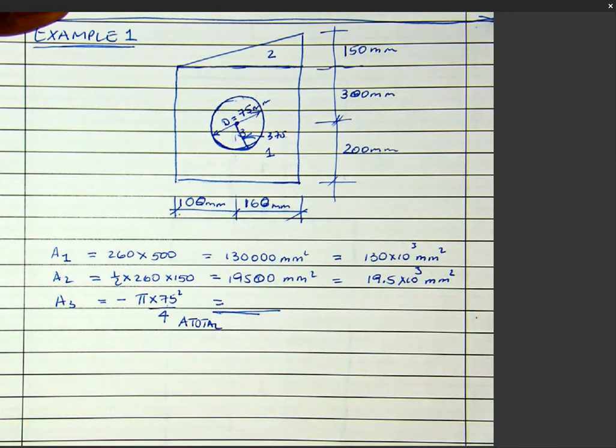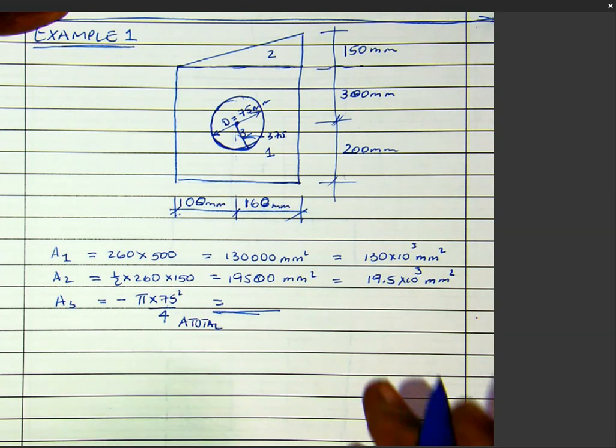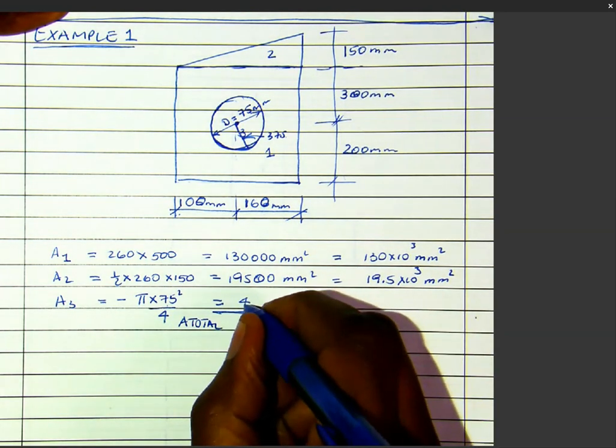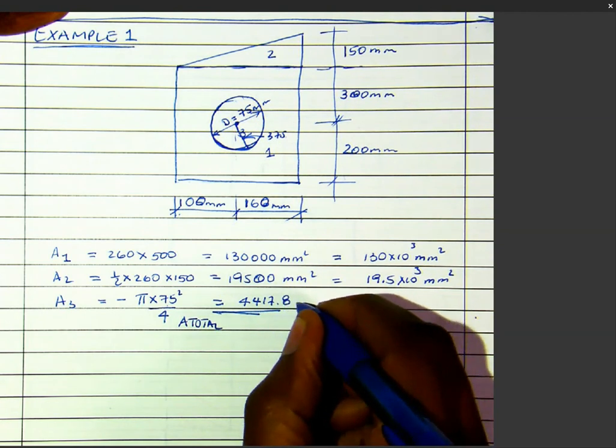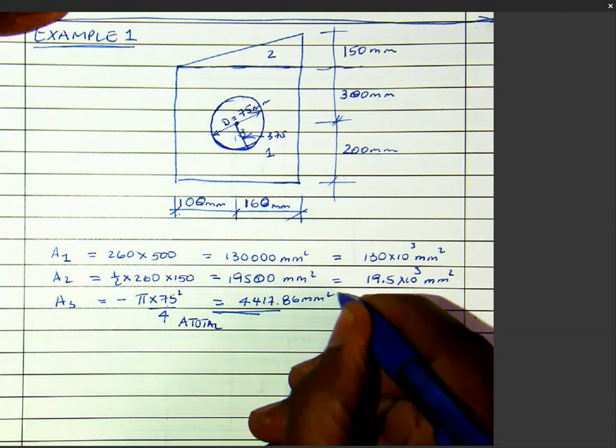Here is pi, second function pi, times 75 squared divided by 4, and that gives me 4417.86 millimeter squared.